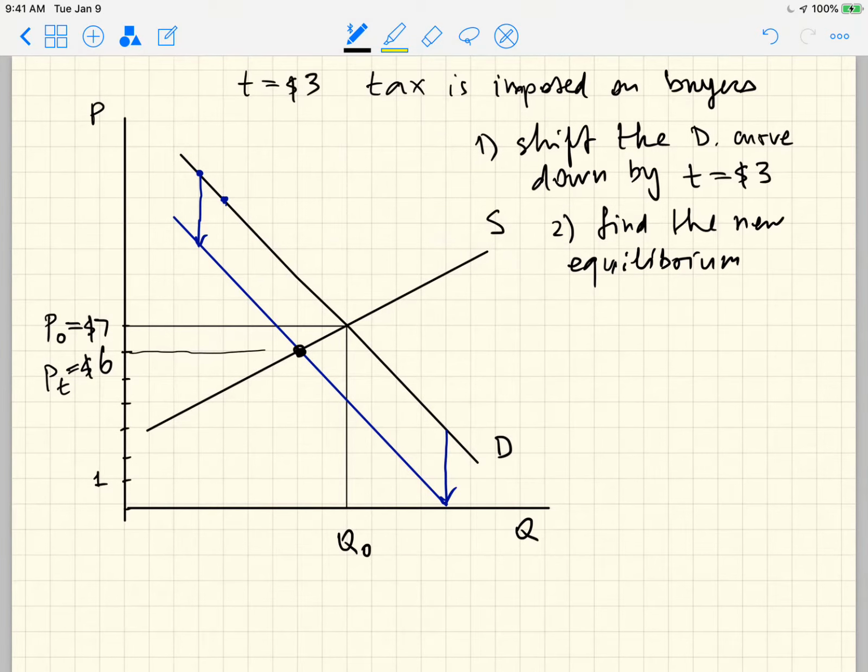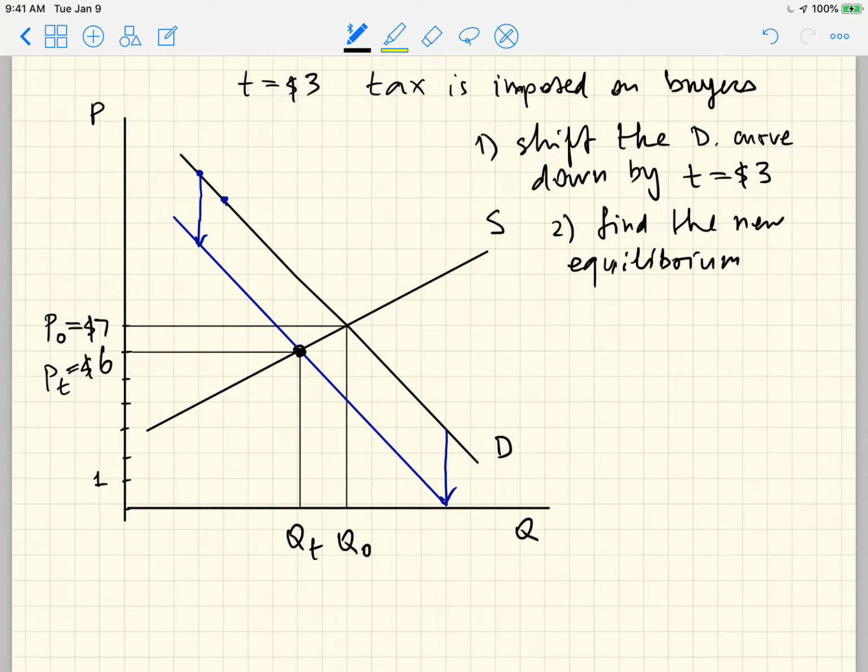So that's the new equilibrium price, that's the new equilibrium quantity. So QT. So again, as before, we should notice that, in this case, it's probably not even worth mentioning, because price in fact is going down.